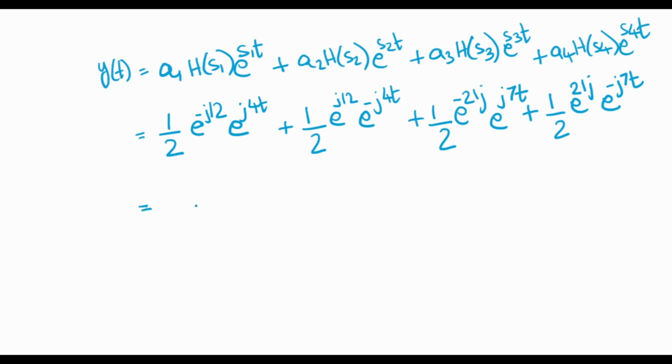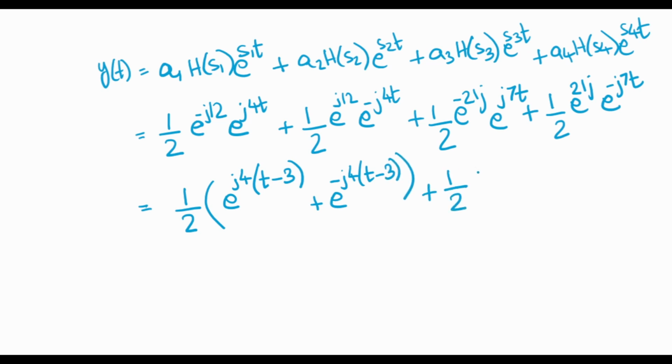Now we can simplify this expression a bit more. So taking half common from the first two terms, and taking e to the power j4 common, inside the brackets I have t minus 3, plus, now taking e to the power minus j4 common, again in the brackets I have t minus 3.